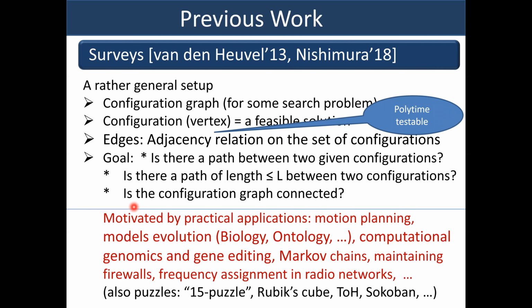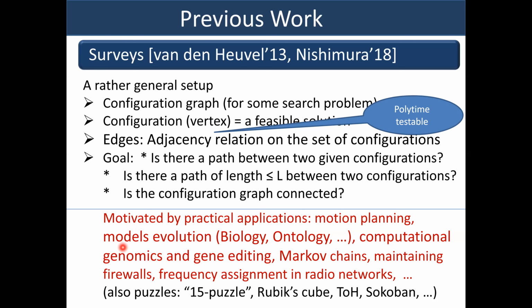A part, or maybe even a big part of this line of work, is motivated by practical applications, such as motion planning. Here, for example, you can consider a set of robots that would like to move along edges of a graph, and obstacles could be located at some vertices in the graph.